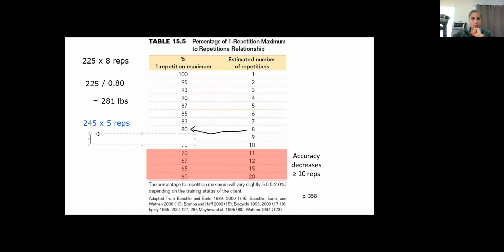So we do 245. What do we do next? Yep, divide by 0.87, and that's how I'm going to write out divide. So what do we get as our answer?